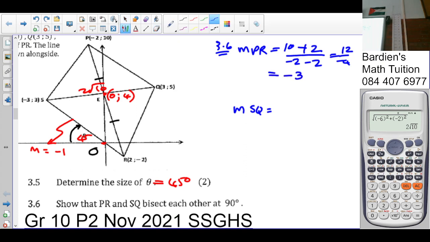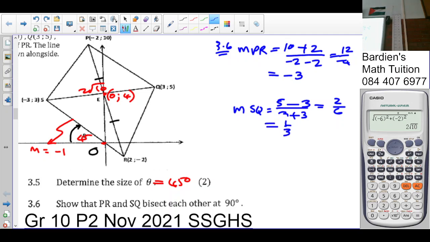Then the gradient of SQ, sorry, will be 5 minus 3 over 3 minus minus 3. So it will give us 2 over 6, which is a third. Can you see?